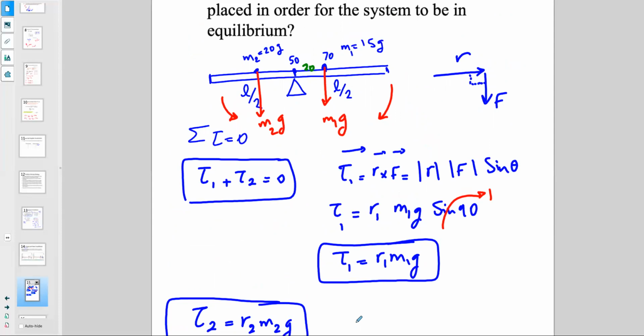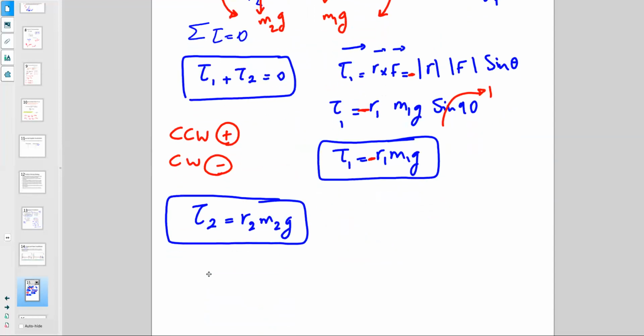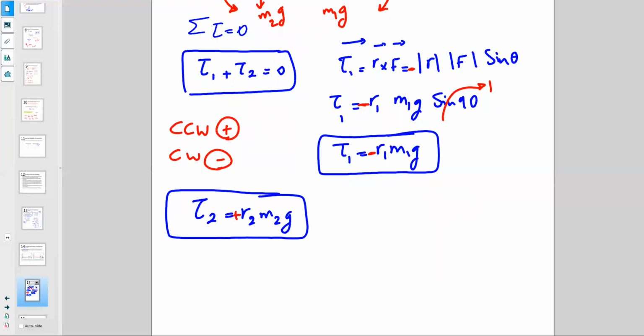To be consistent, I am choosing counterclockwise to be positive and clockwise to be negative. So I have a negative here and a positive right there. If you add them up, tau 1 plus tau 2 should be equal to 0.